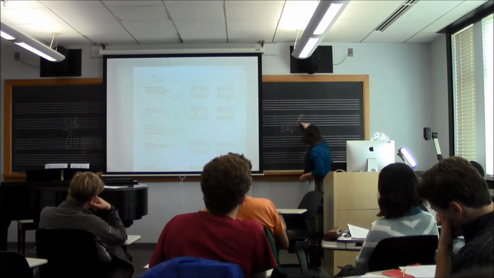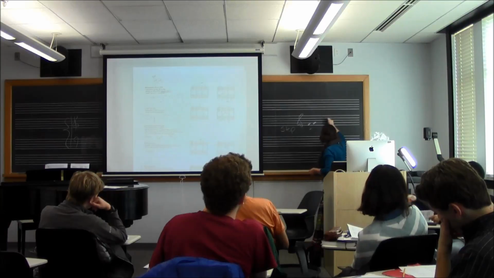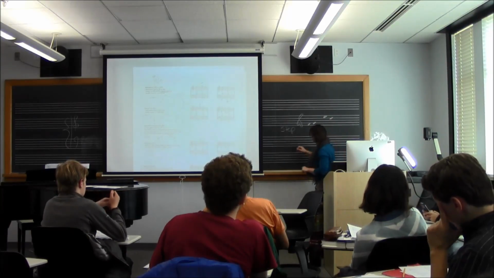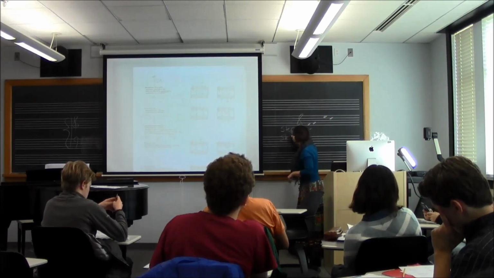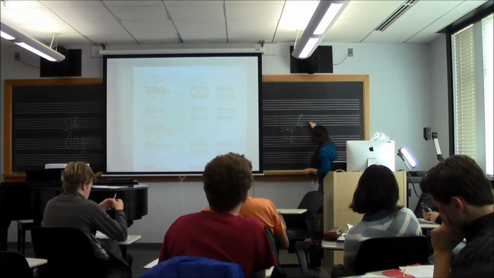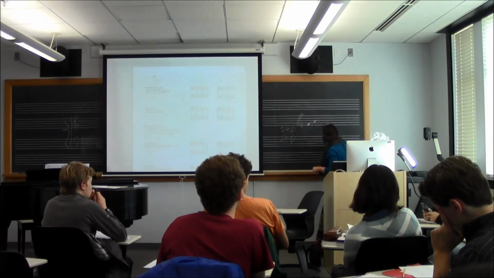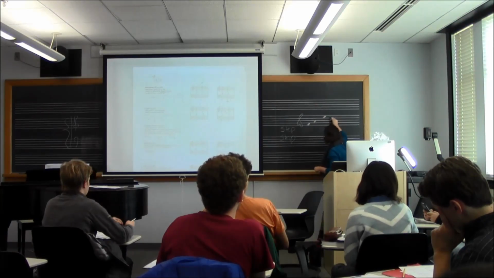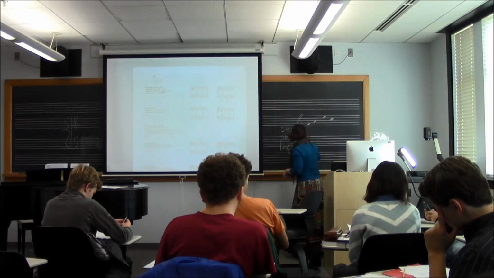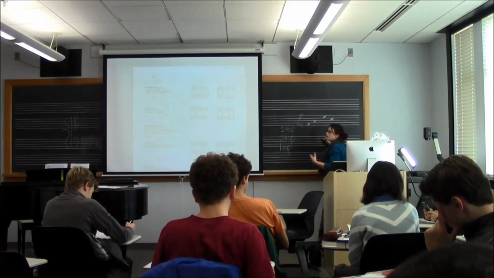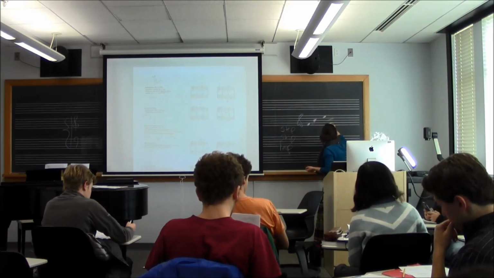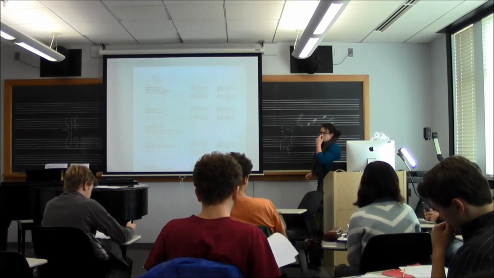So like F up to G, or E down to D. A skip is when you move a third. So F up to A, or E down to C. A leap is anything that is a fourth or higher. So F up to B, or E down to F would be considered leaps.